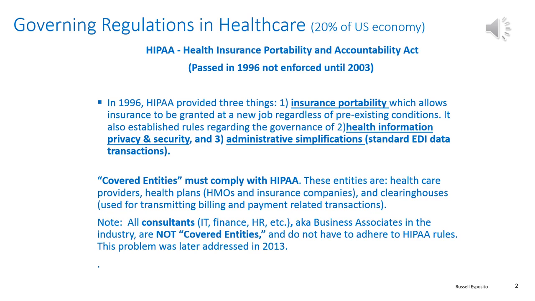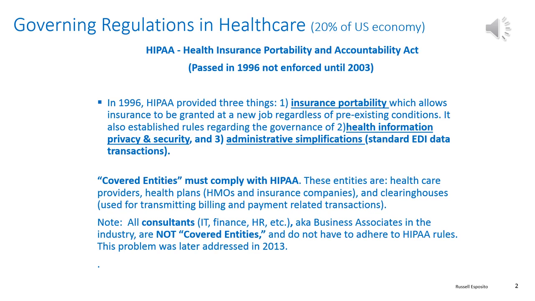And the third thing that HIPAA provided was administrative simplification, and that's standardizing the electronic data interchange, the EDI. Those transactions were not standardized throughout the industry. So it did three things that were good: insurance portability, privacy and security regulations, and administrative simplification.